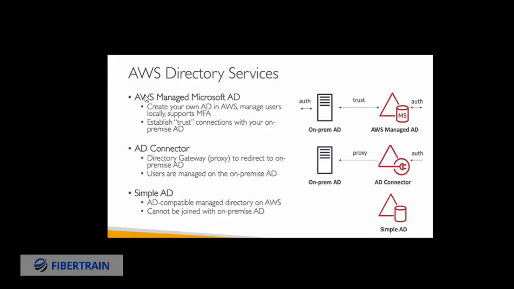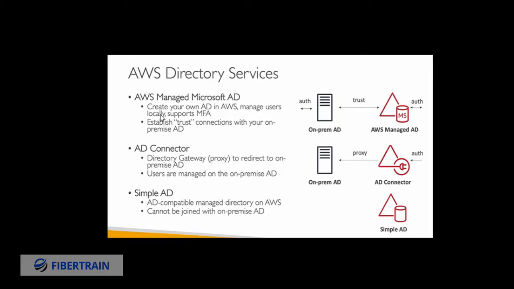With AWS Managed Microsoft AD, you can create your own Active Directory in AWS. Already we know what an Active Directory server is all about. And you use this Active Directory Domain Services that you have created in AWS to manage your users locally.